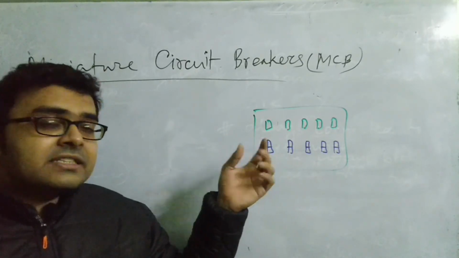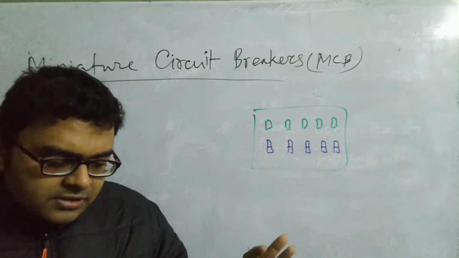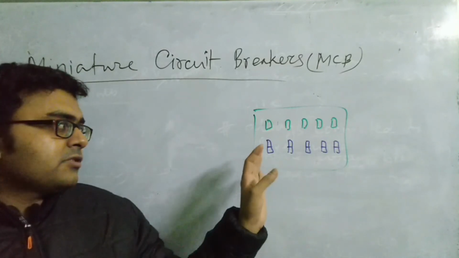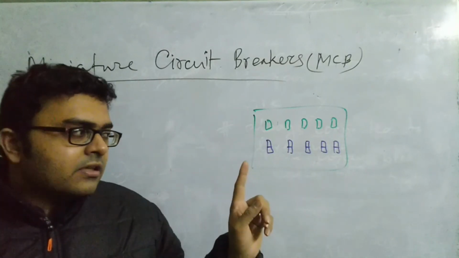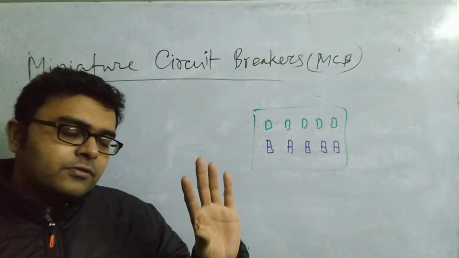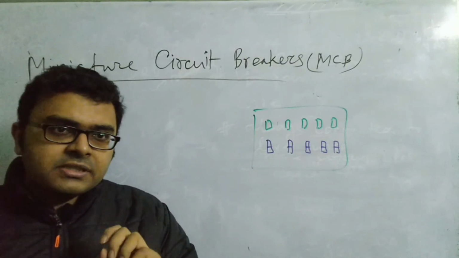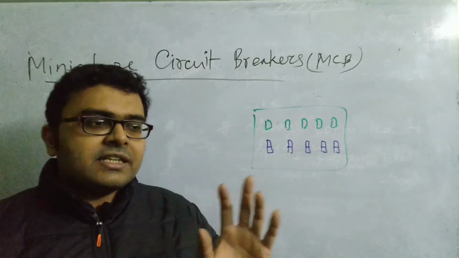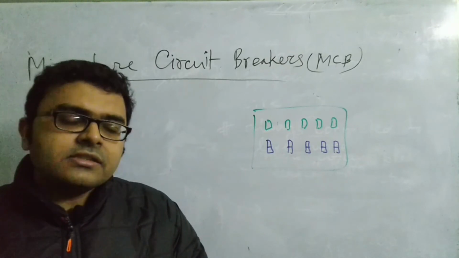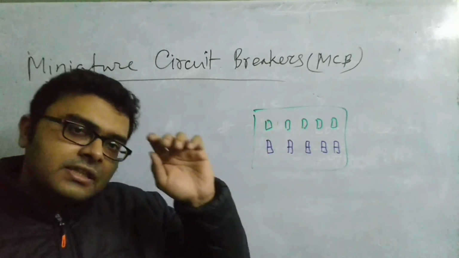The internal mechanism is such that the switch automatically turns off, and it protects your circuits. Now, it is easier. Why is it easier to operate? Because during any fault condition, if the switch goes off, you can repair the fault if you have understood where the fault has taken place, or you can disconnect that portion from the circuit and then again switch on the MCB.